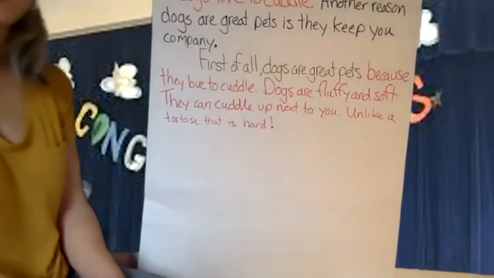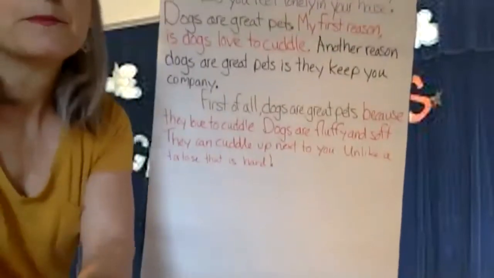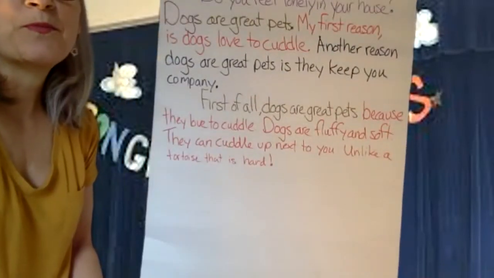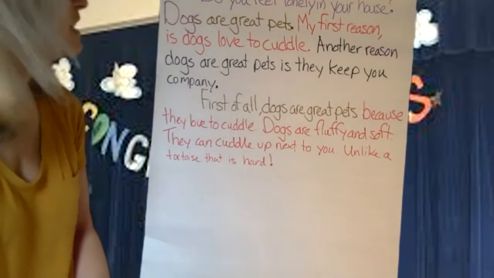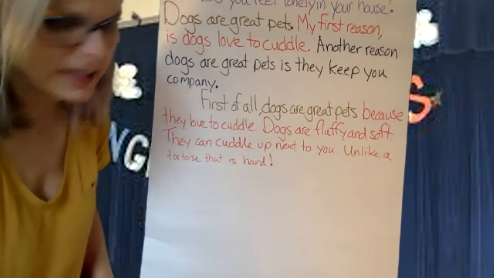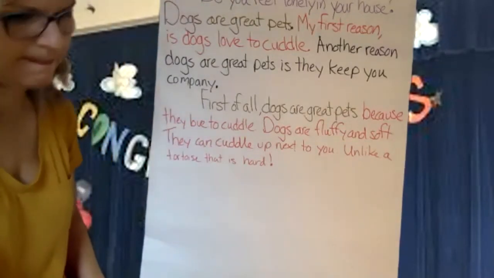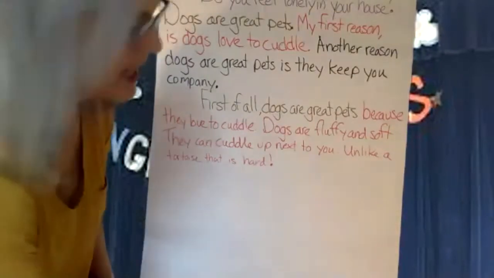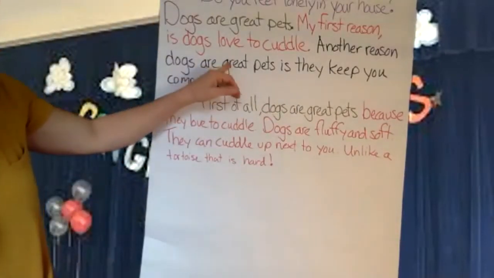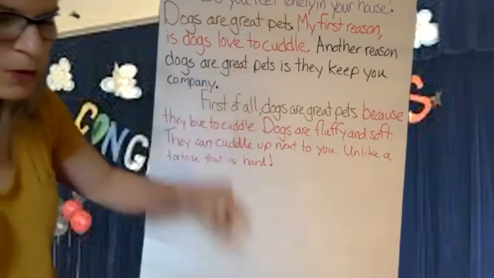Who can tell me what our next body paragraph is about? Anybody? Raina? Dogs are great pets and they keep you company. Exactly. So this one, we have to say dogs are great pets because they keep you company.